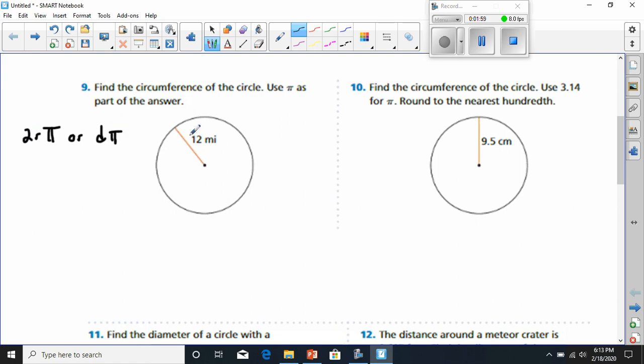The radius is 12, so we have 2 times 12 times pi. So this is going to end up being 24 pi. And then our unit of measure is mi, for miles.